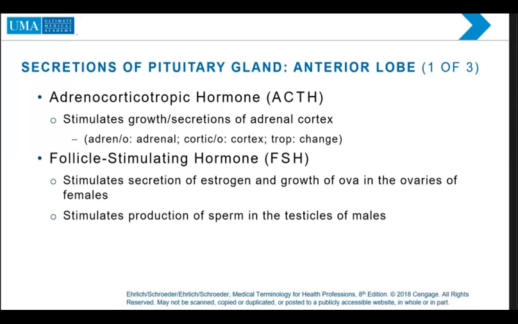Your next hormone that secretes is the follicle stimulating hormone, abbreviated FSH. This hormone stimulates secretion of estrogen and growth of your ova in your ovaries of females, and also stimulates production of sperm in the testicles of males.